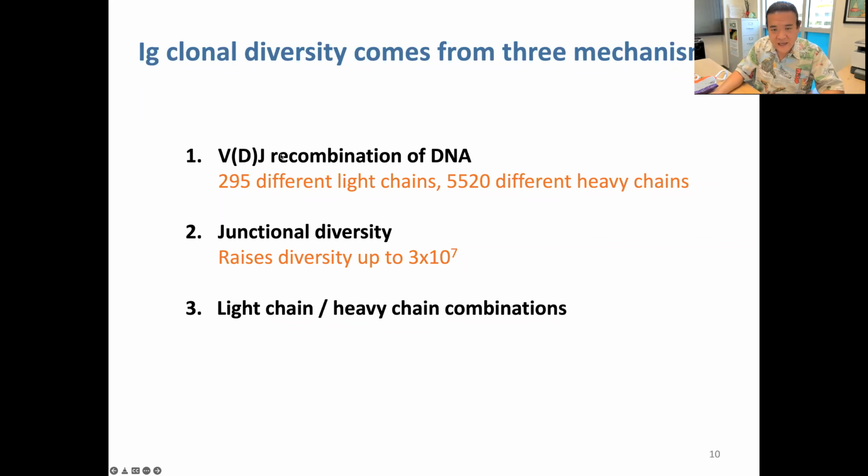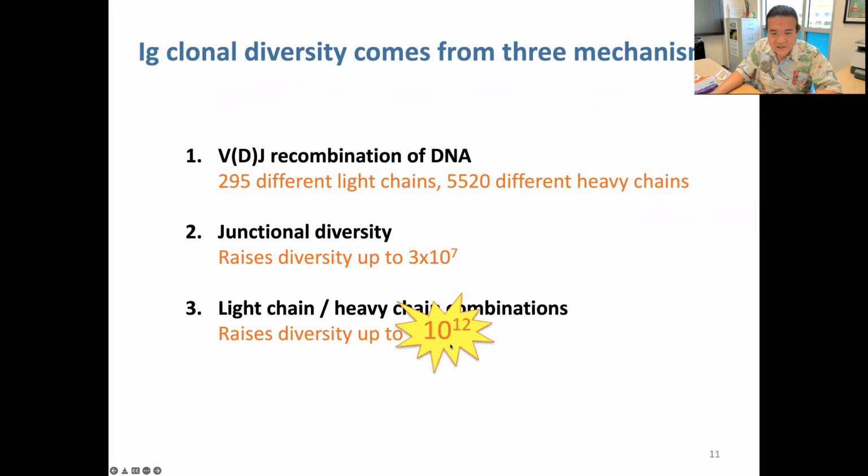Each one of those has all of these probabilities, and then ultimately you're going to combine light chains with heavy chains to make a combined antigen binding shape at the end of your immunoglobulin, right? That then multiplies it out, and you get huge diversity, right? Because this is all probability building upon probability.